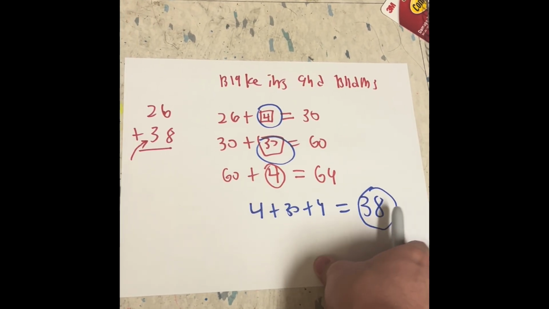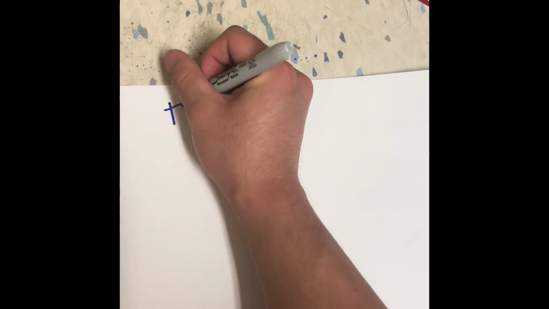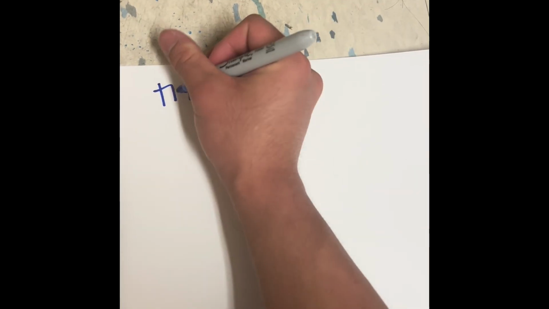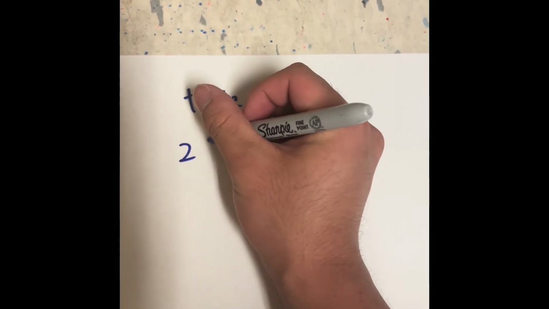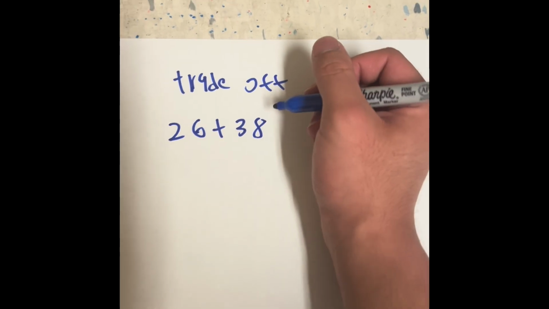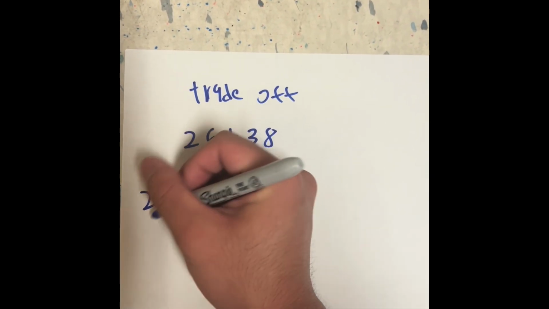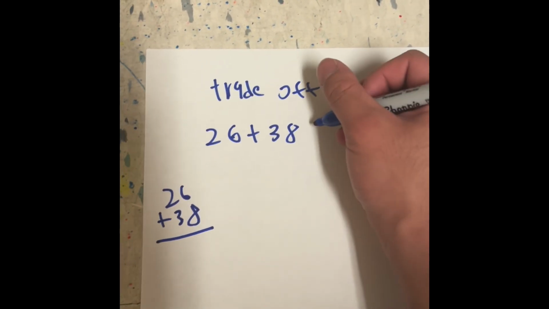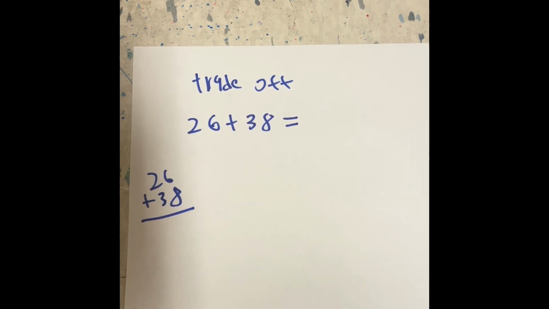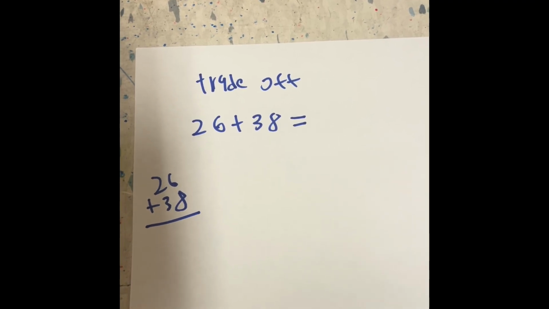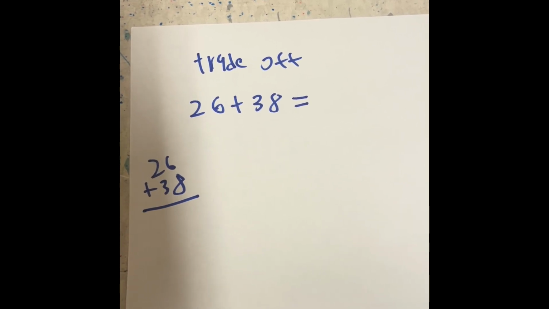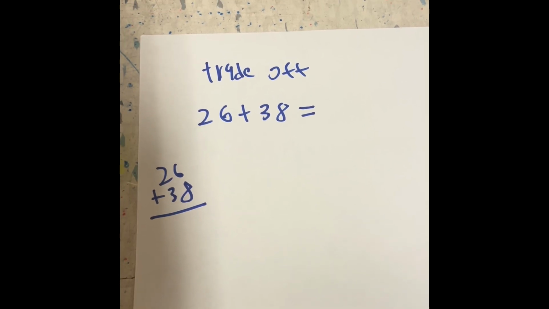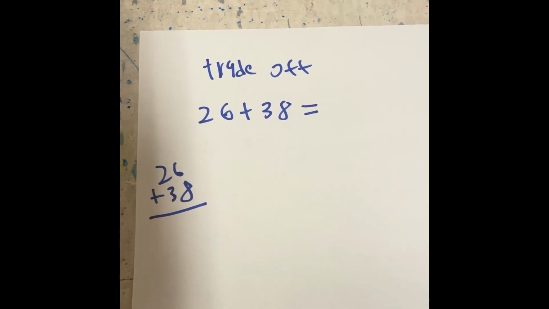So the last one we're going to take a look at is called trading off, or some kind of trade-off. So right here, trade off. So we have 26 plus 38. What does that equal? So we have this equation here, but a trade-off is going to help us understand by changing the numbers, we can get to a similar math problem that gets us to the same answer.